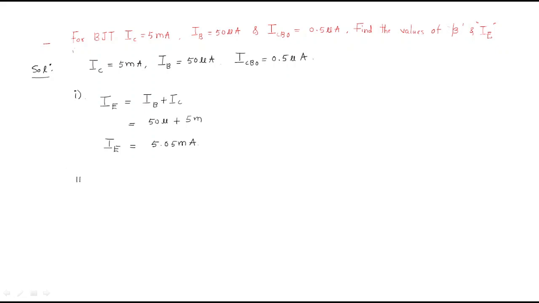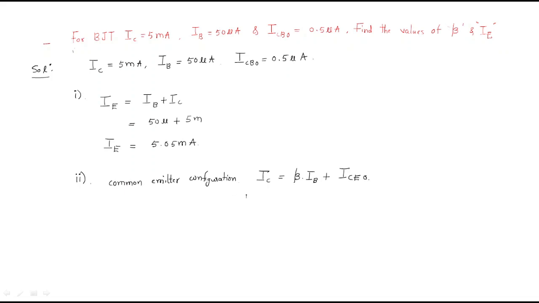Next, what do we need? We need beta. In order to find beta, you know that in the common emitter configuration, the output current, the collector current, equals the amplification factor times the base current plus the common emitter leakage current, that is IC equals beta into IB plus ICEO.